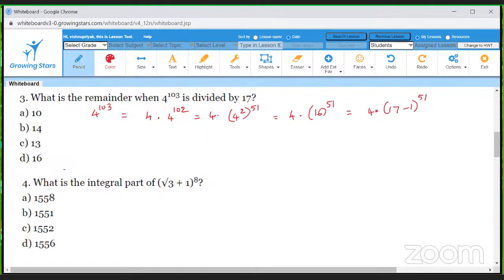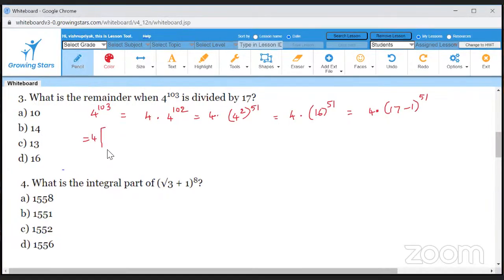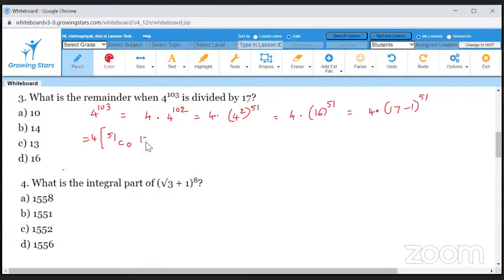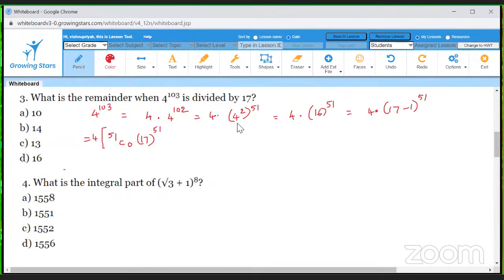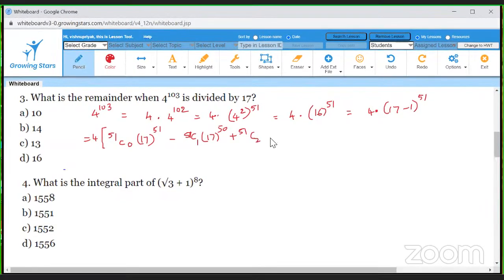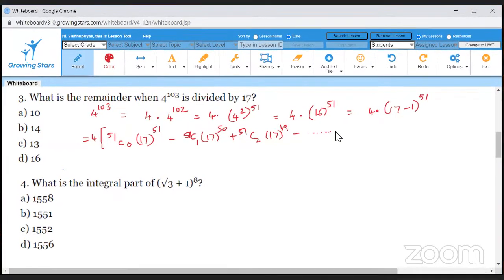Now I can use binomial theorem to expand. I will write 4 completely outside. 51C0, 17 power 51. 1 power I can leave. 1 power always I can leave. Minus, because there is minus 51C1, 17 power 50, plus 51C2, 17 power 49, minus so on.